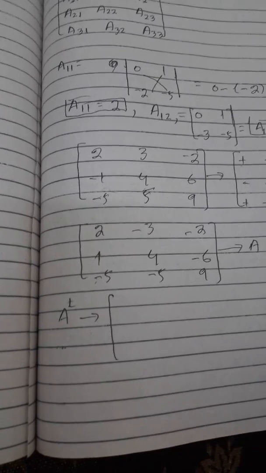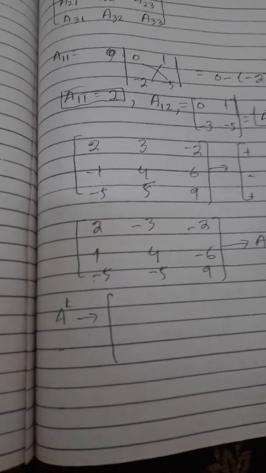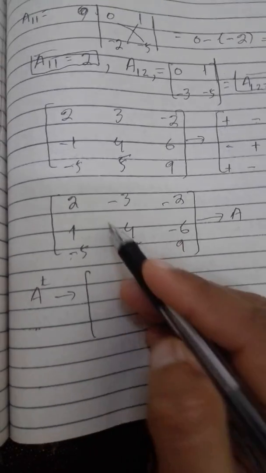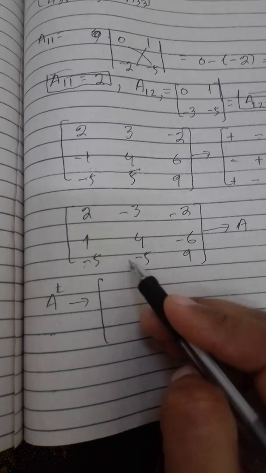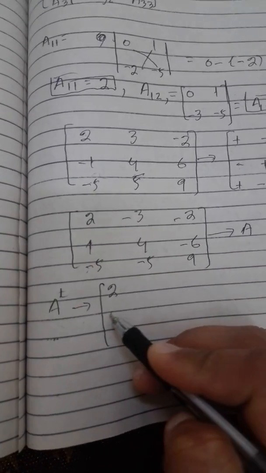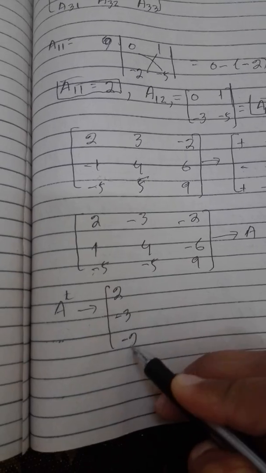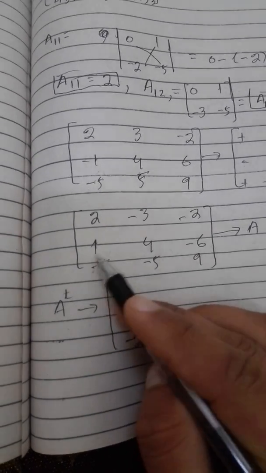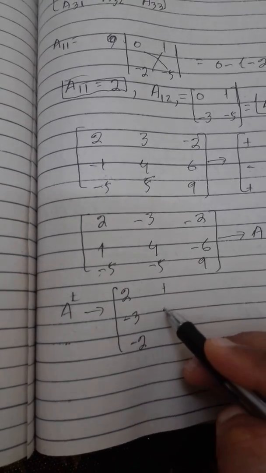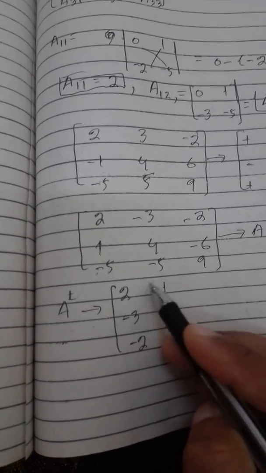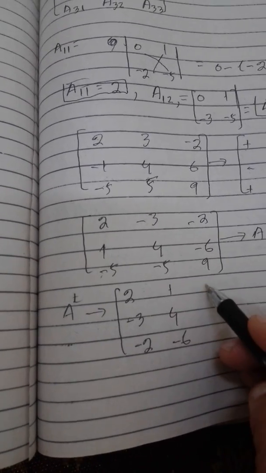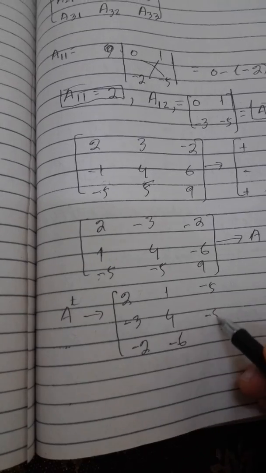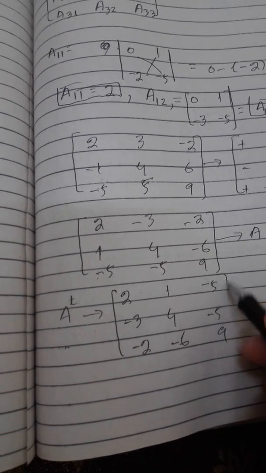In transpose, we simply convert the rows into columns and columns into rows. So the row 2 minus 3 minus 2 will become a column 2 minus 3 minus 2, the second row will become the second column, 1 4 minus 6, and minus 5 9 will be our third row.